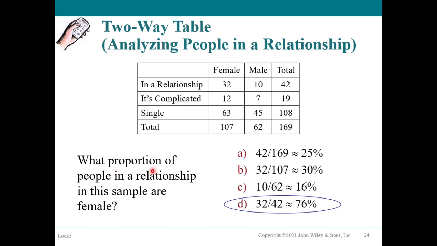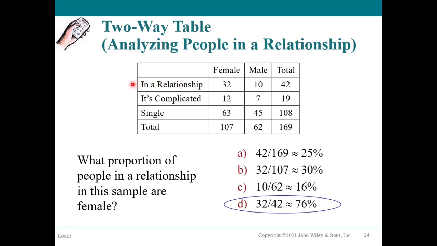Example: what proportion of people in a relationship in this sample are female? What proportion of people in a relationship? First you have to think about the total of people who are in a relationship.